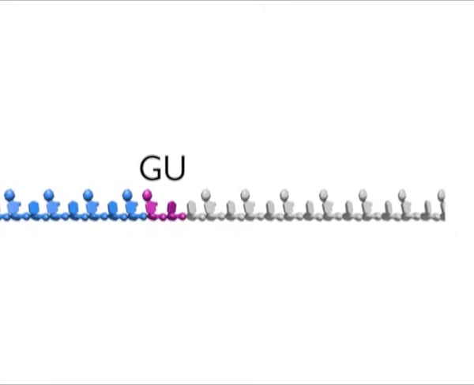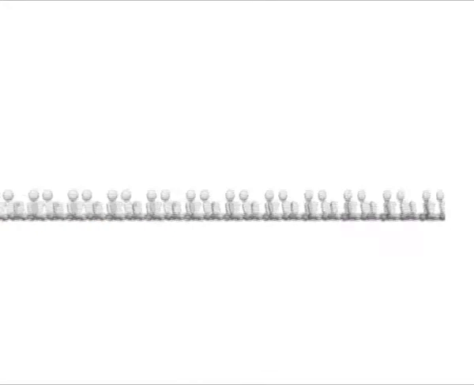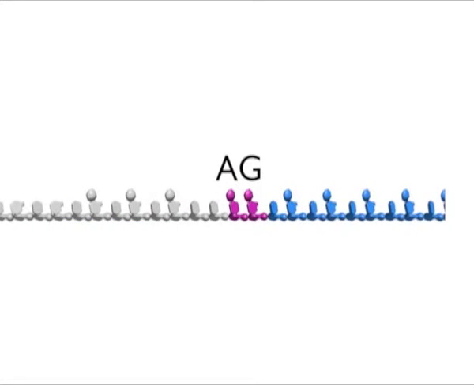This accuracy requires precise splicing signals. Most introns start with the sequence GU, which is referred to as the splice donor, and end with the sequence AG, which is known as the splice acceptor site in the 5' to 3' direction.